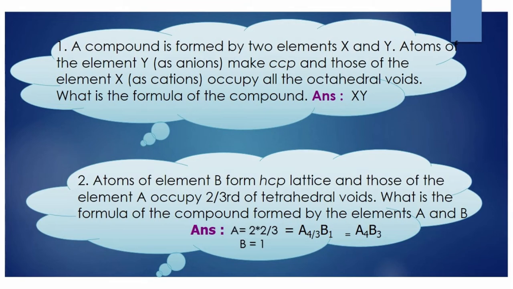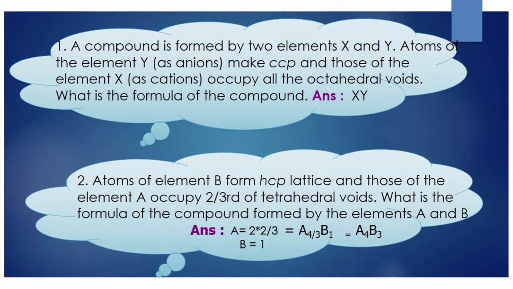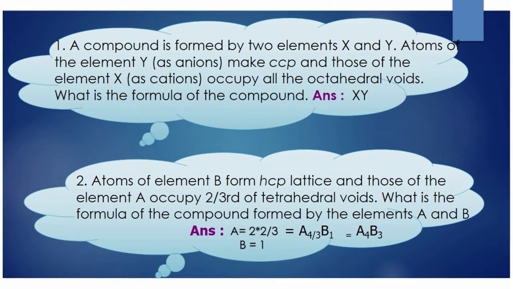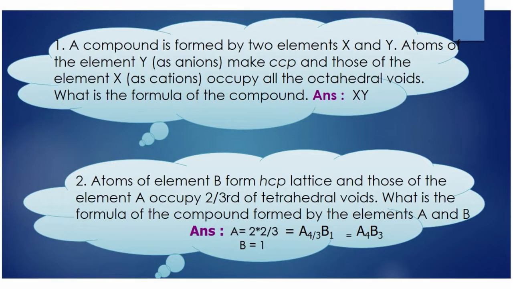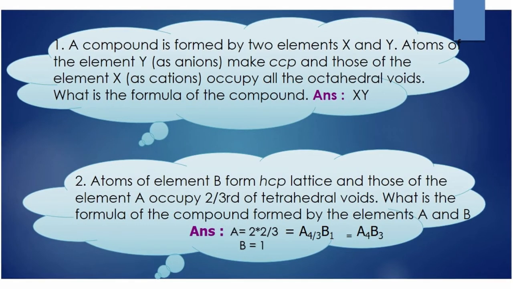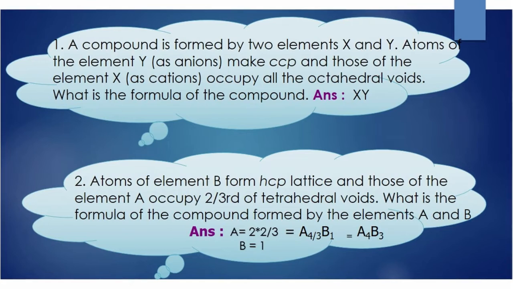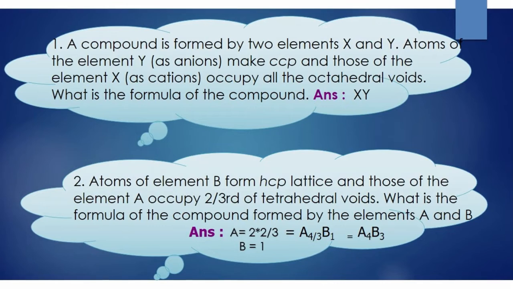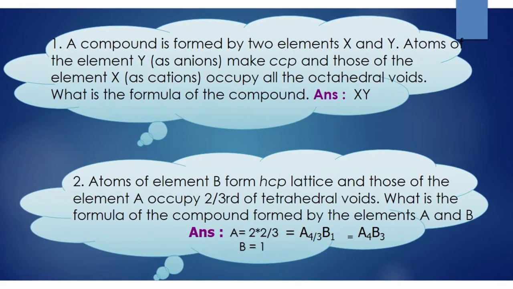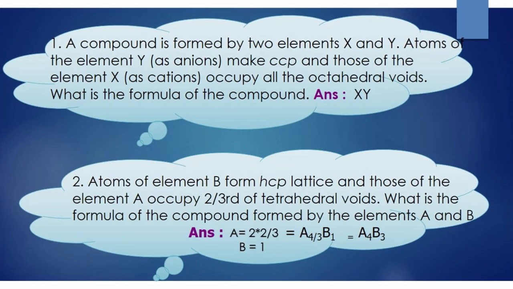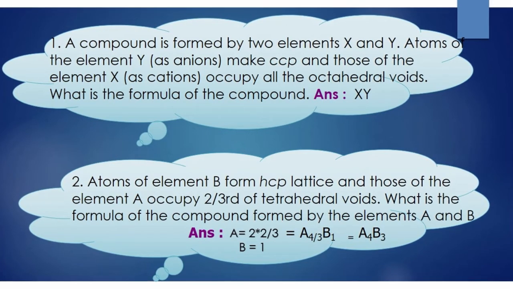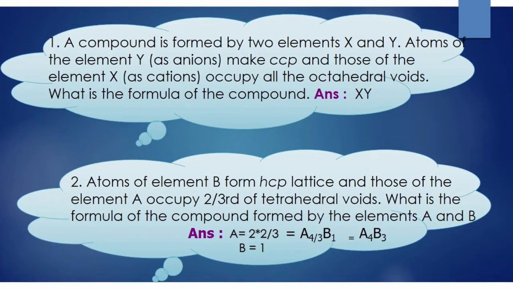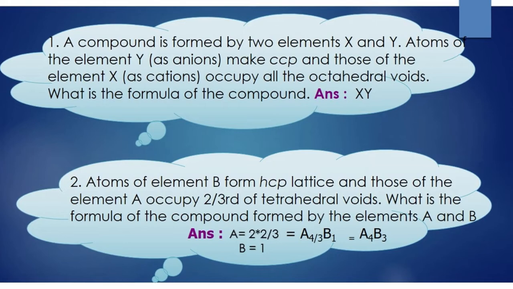We know the number of tetrahedral voids formed will be equal to twice the number of atoms of element B. And in the question it is also given that only 2/3 of the tetrahedral voids are occupied by atoms of element A. Hence the ratio of the number of atoms of A and B will be equal to 2 into 2 by 3 is to 1, or 4 by 3. Hence the formula of the compound will be equal to A4B3.